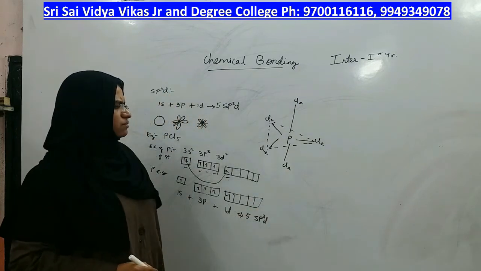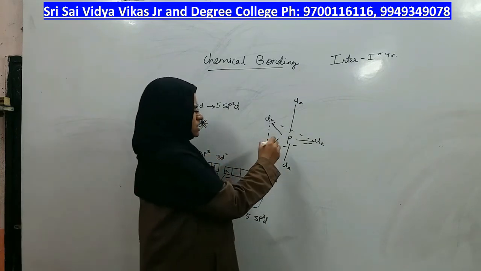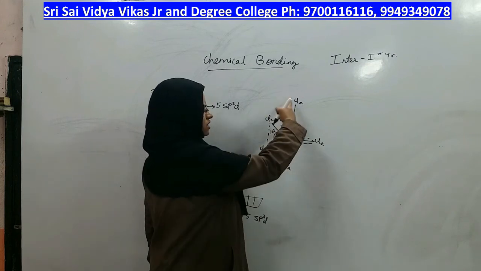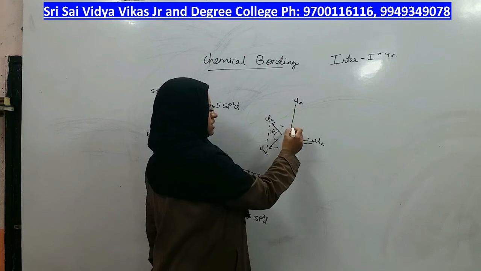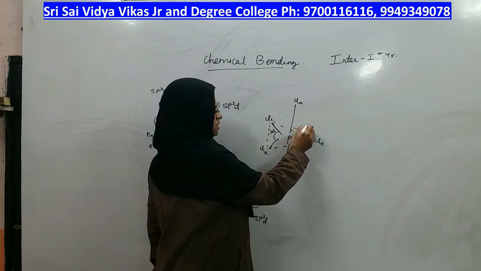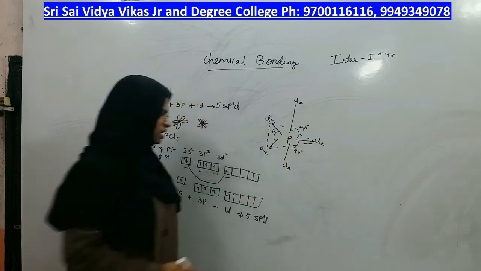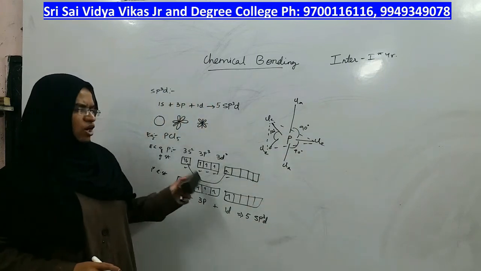The bond angle between equatorial chlorines and phosphorus is 120 degrees, and the bond angle between axial chlorine and the plane is 90 degrees. So it is not the same for all the chlorines.